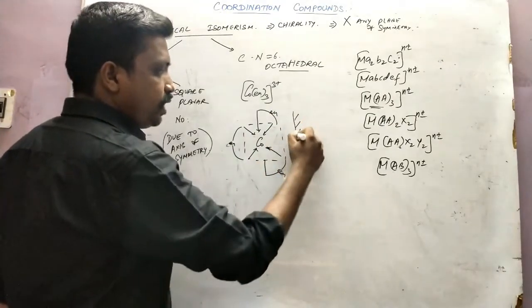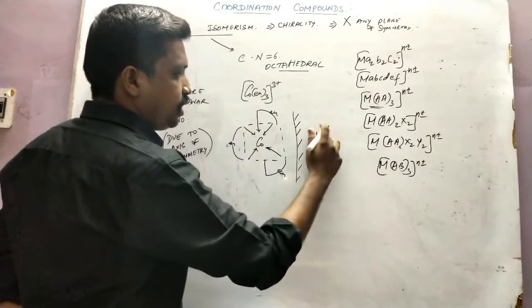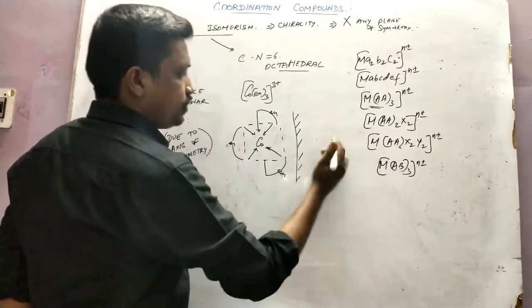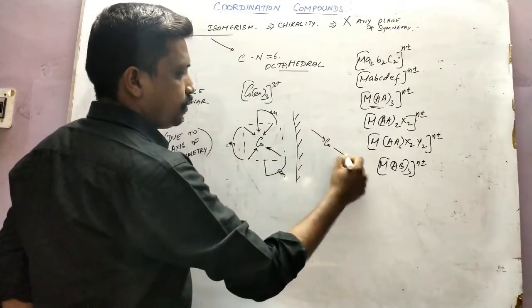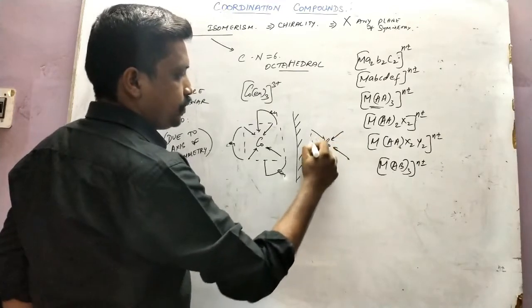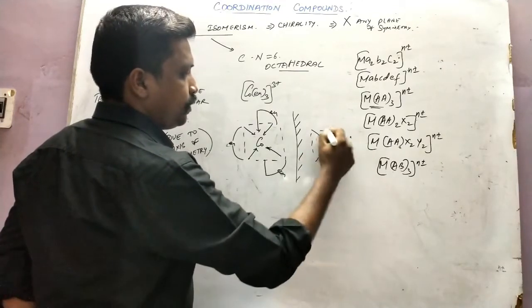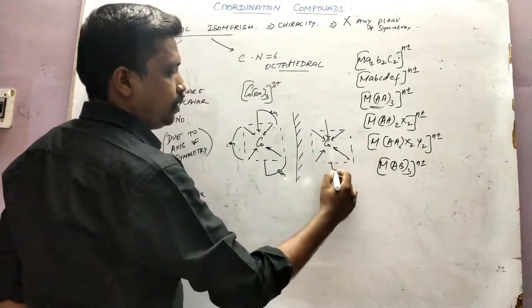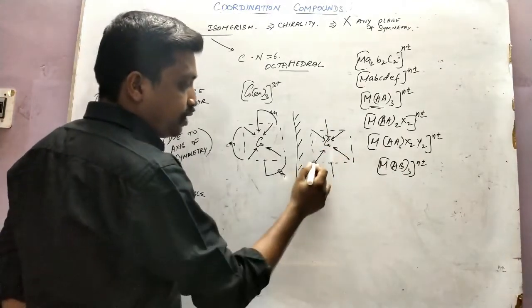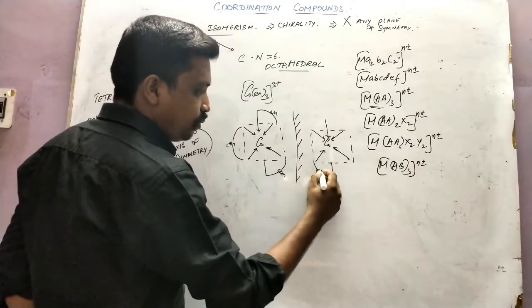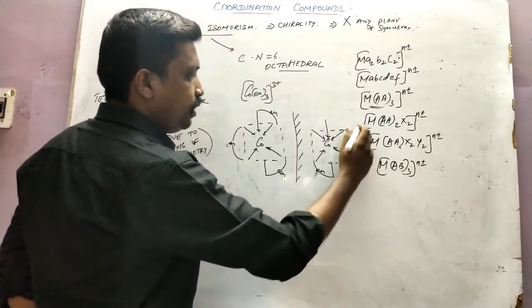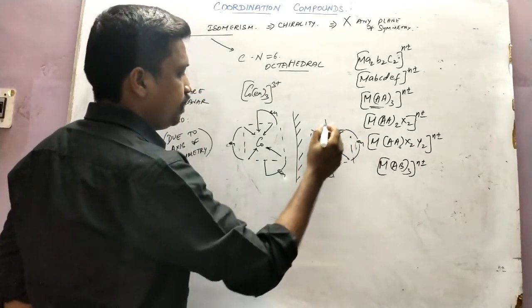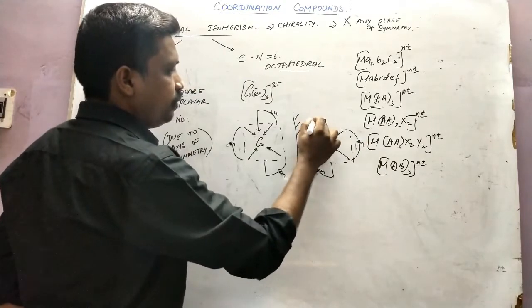When we take the mirror image of this compound, cobalt, look here. The ethylenediamines will be here, and one of the ethylenediamine will be present here, and here one of the ethylenediamine will be present.